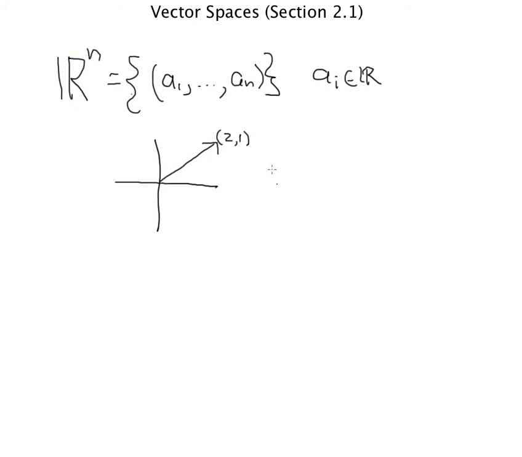And you all know about adding vectors, and other properties of Rn. And the notion of a general vector space is an abstraction of these properties that Rn has. So what are those properties?